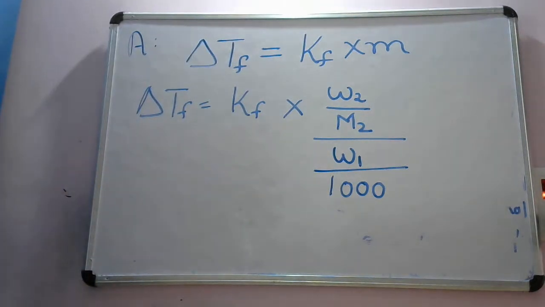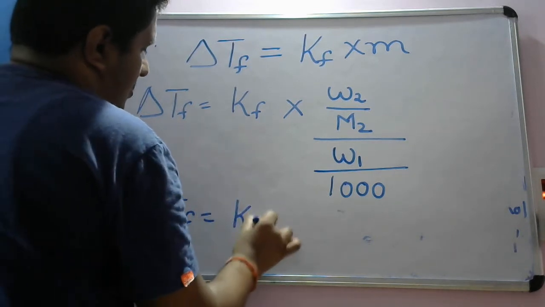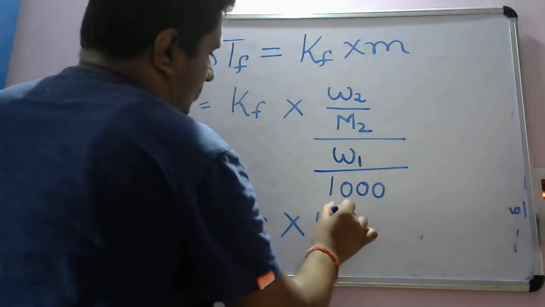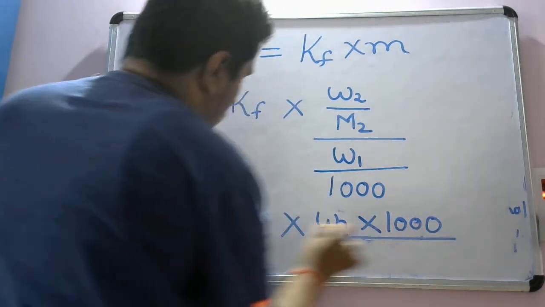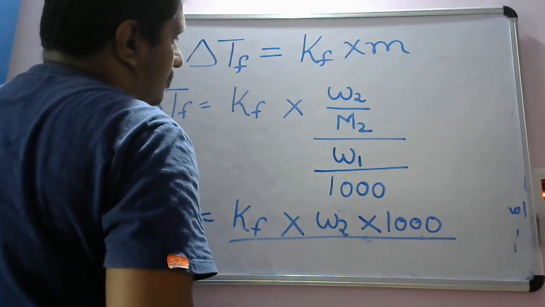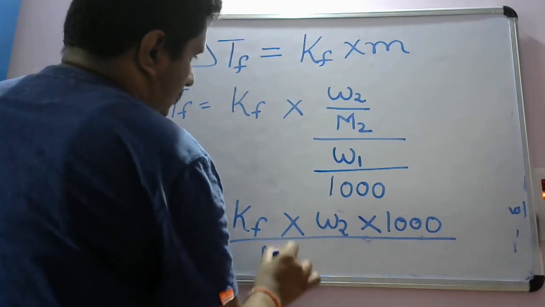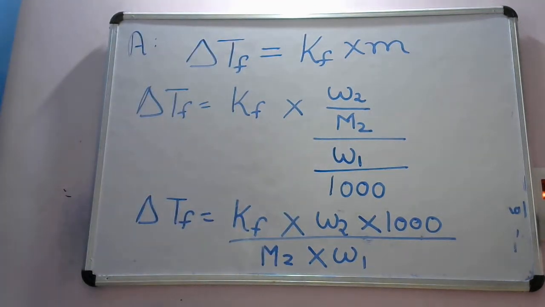Okay, so by simplifying we get a similar type of equation as in the case of elevation in boiling point. Now everything is known to us. We will simply apply the formula.